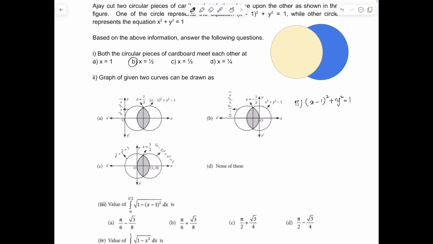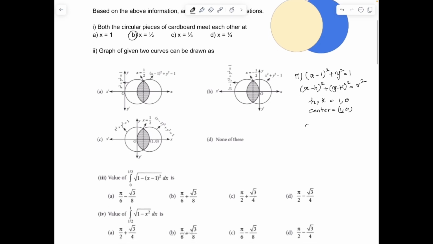Comparing this with the general form of the equation of a circle, which is (x minus h) the whole square plus (y minus k) the whole square is equal to r square, here h and k are 1 and 0. That is, the center is (1, 0).